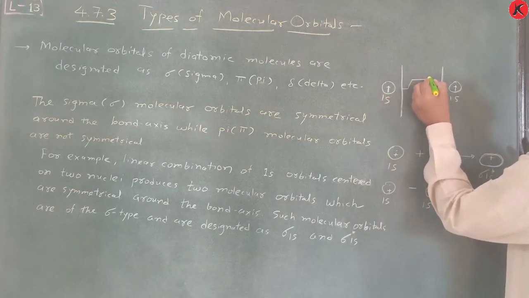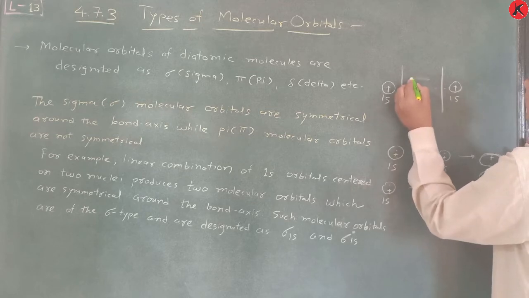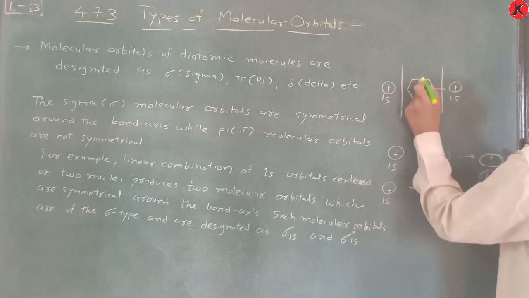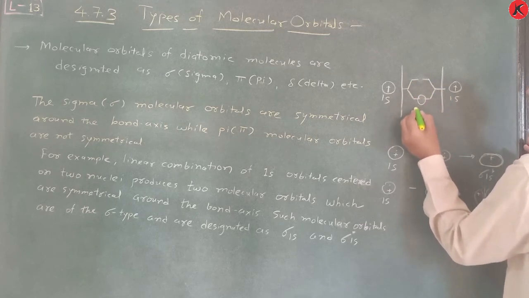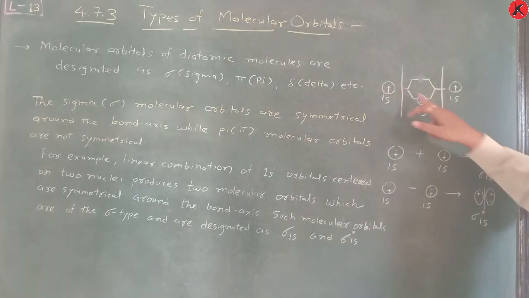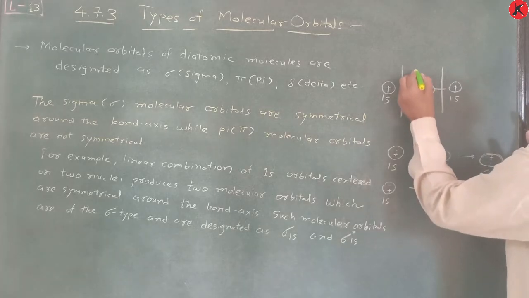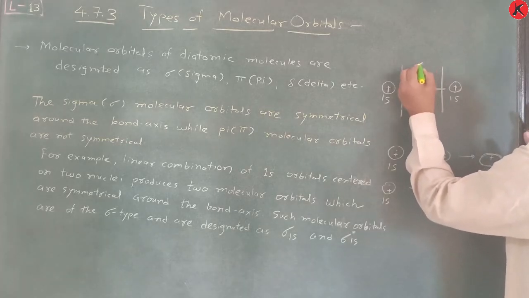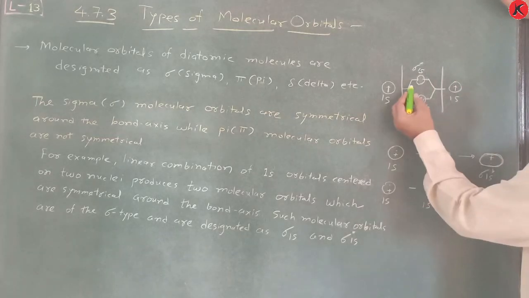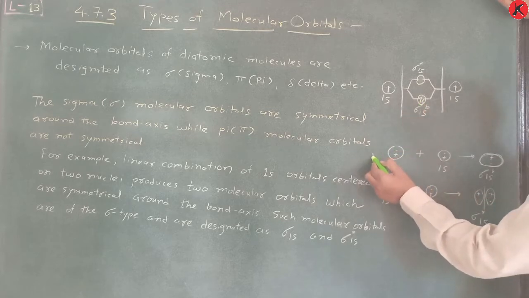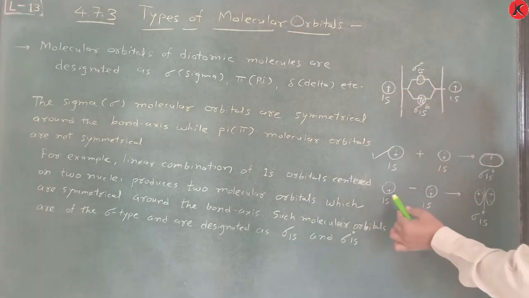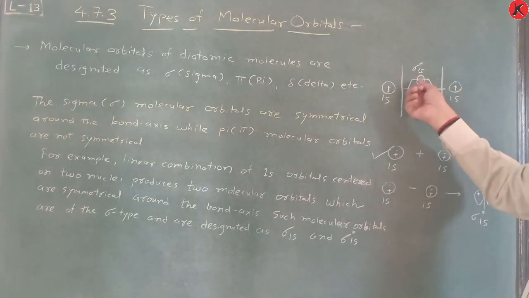When they overlap this way, this is sigma 1s bonding, in which the electrons are completely paired, and this is sigma star 1s anti-bonding. There is no electron there. Sigma 1s is due to the addition of 1s and 1s, and sigma star 1s is the result of subtraction, 1s minus 1s.